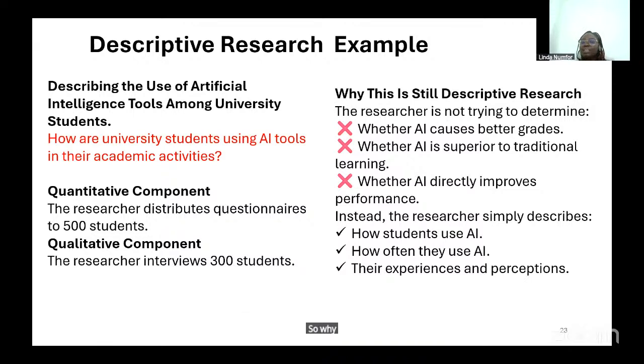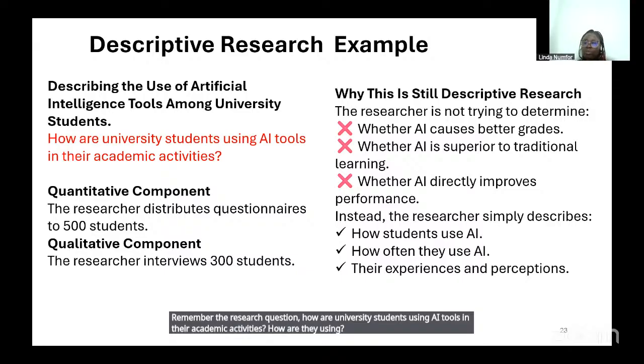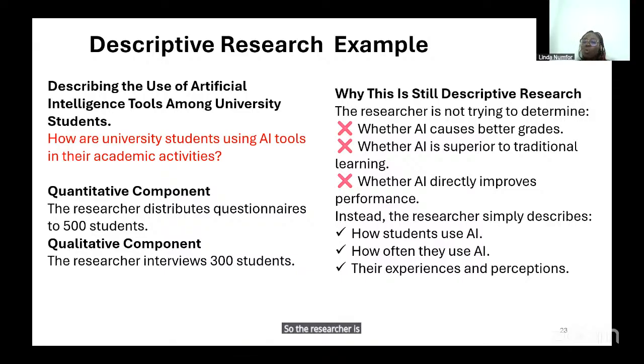So why is this still a descriptive research, and not totally quantitative? In this study, the researcher is not trying to determine whether AI causes better grades. Remember the research question: how are university students using AI tools in their academic activities? How are they using? The researcher is also not saying whether AI is superior to traditional learning.